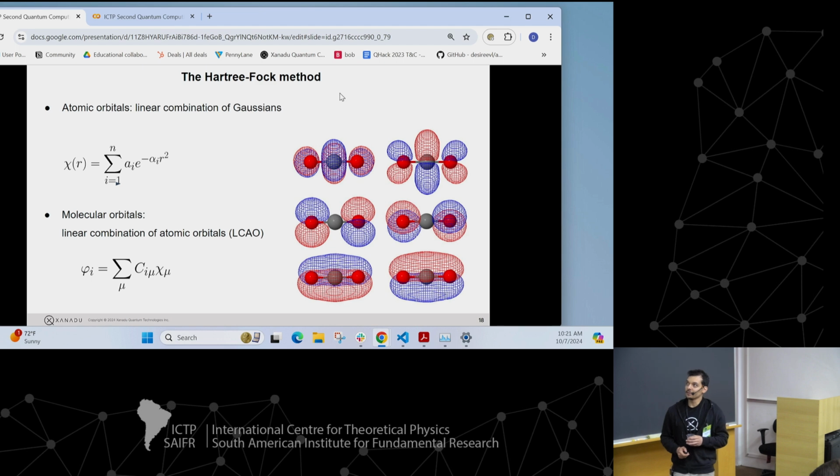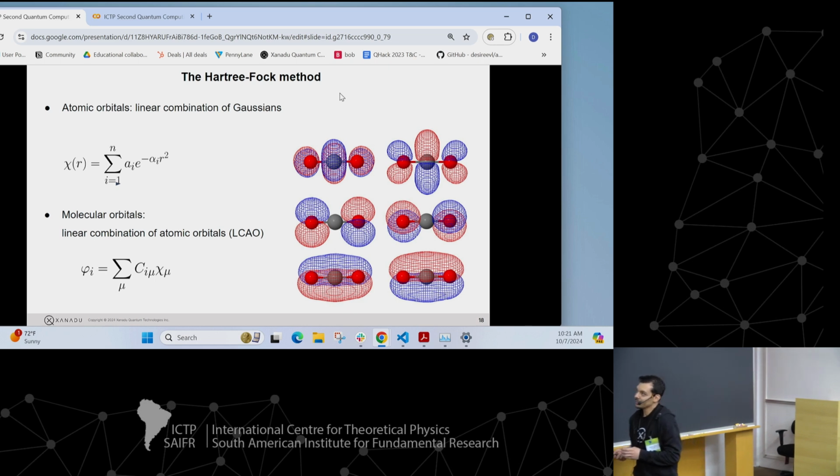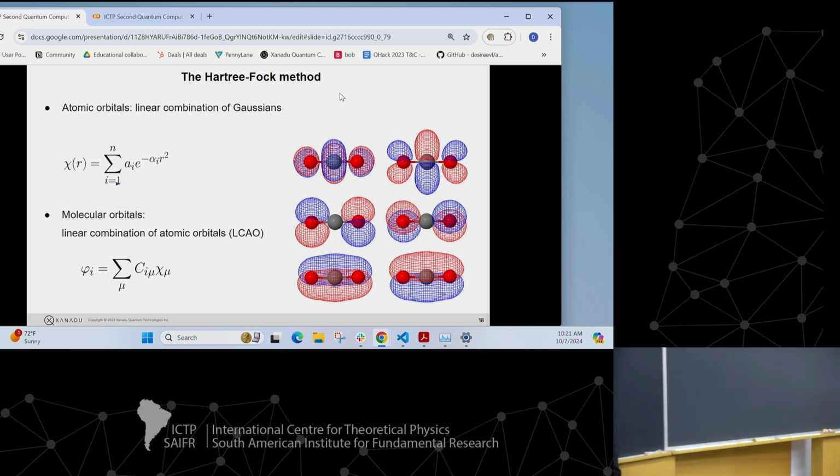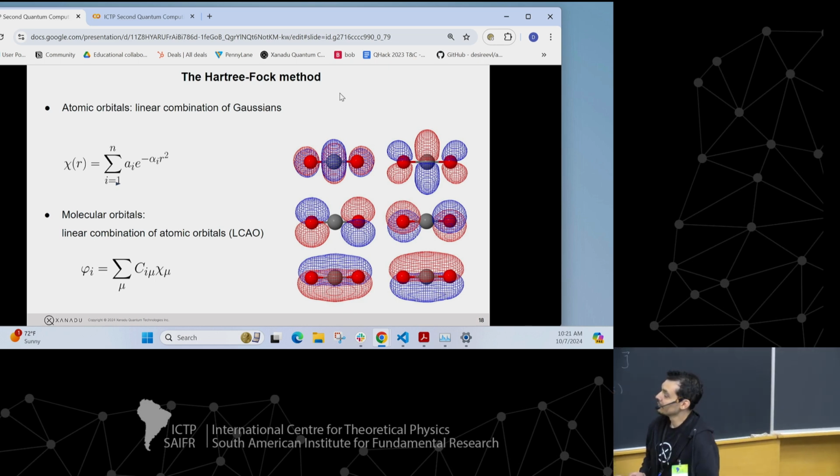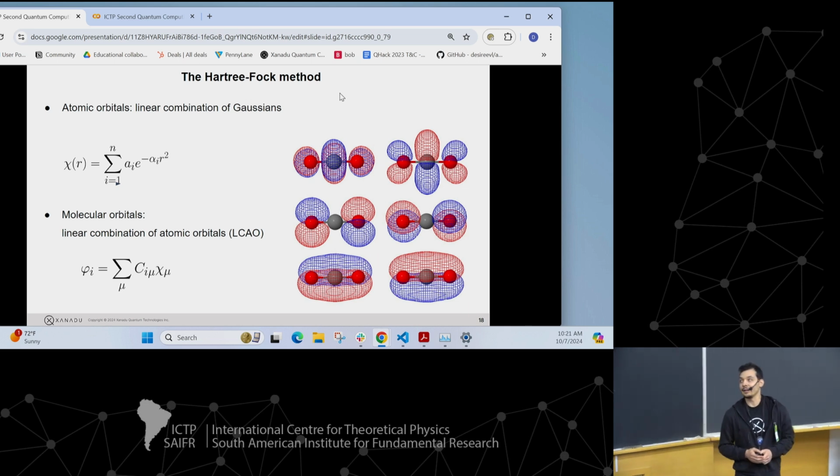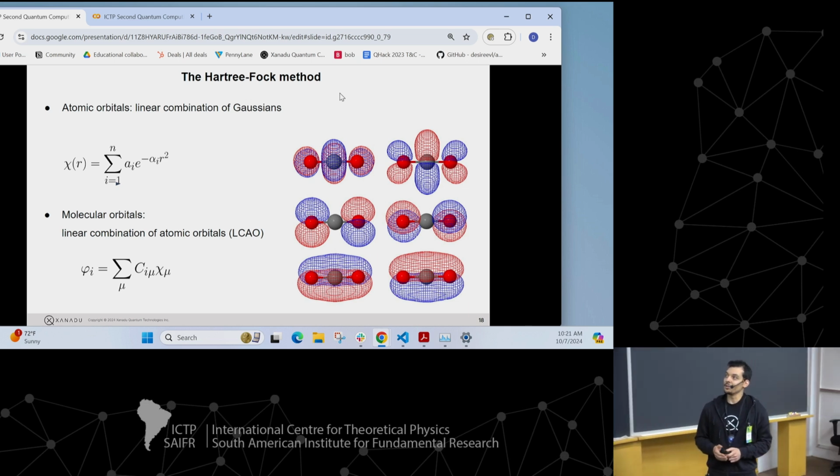You can think of it, so part of the motivation for the Gaussian approximation is you can think of each atom being kind of in a potential well, and if you disturb it, it can maybe behave a little bit like a harmonic oscillator. In practice, that's not really the case. The reason Gaussians are chosen is because you need to compute certain integrals, and when you have a Gaussian function, those integrals simplify significantly. So that's the main reason, really, for using the Gaussians.